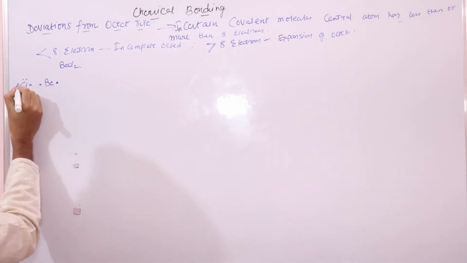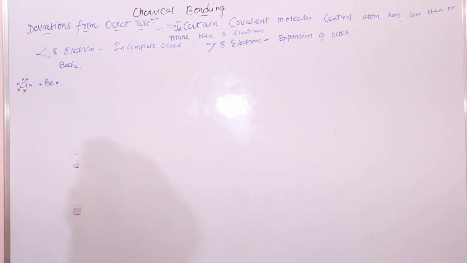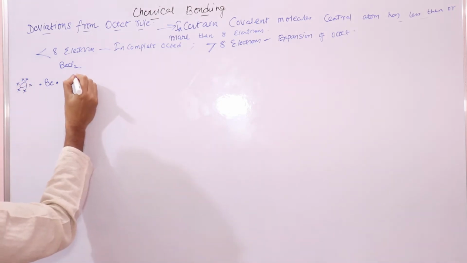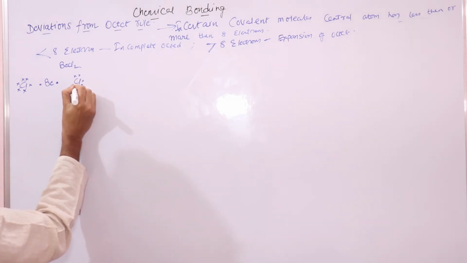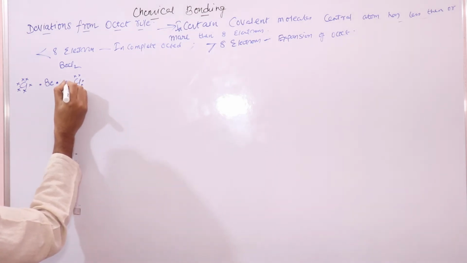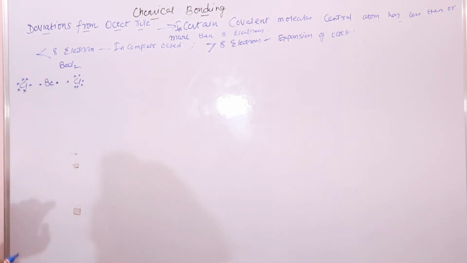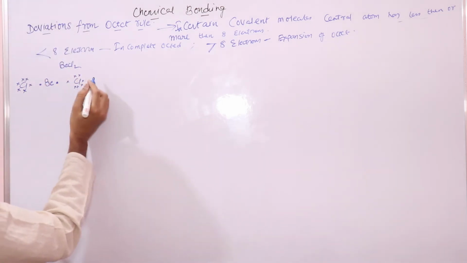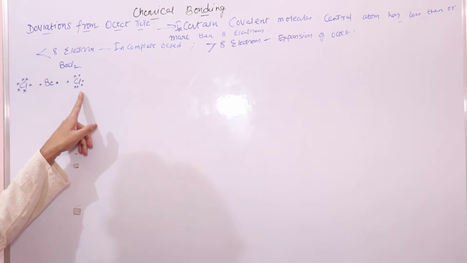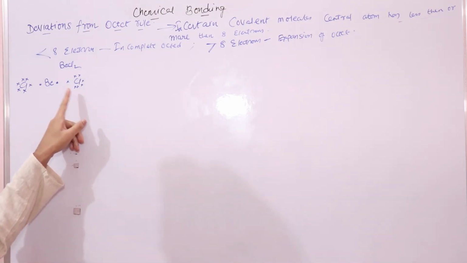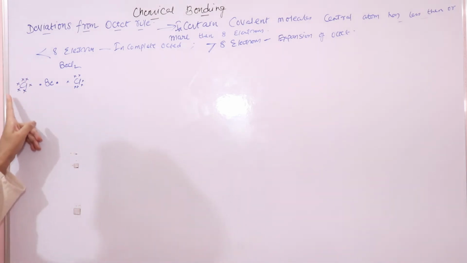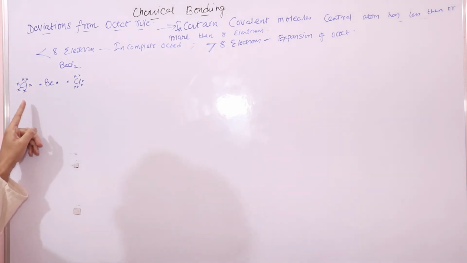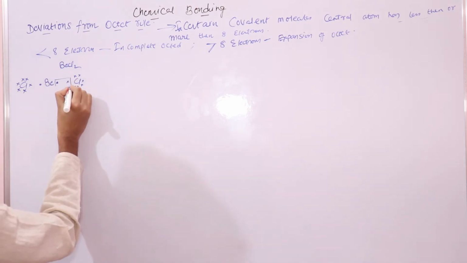Let's represent the electrons of chlorine with X. Chlorine will try to attain 8 electrons in the outermost orbit, so in order to attain 8 electrons, it needs to share 1 electron with the beryllium atom. Same is with this chlorine atom: in order to attain 8 electrons, it needs to share 1 electron with the beryllium atom, like this.